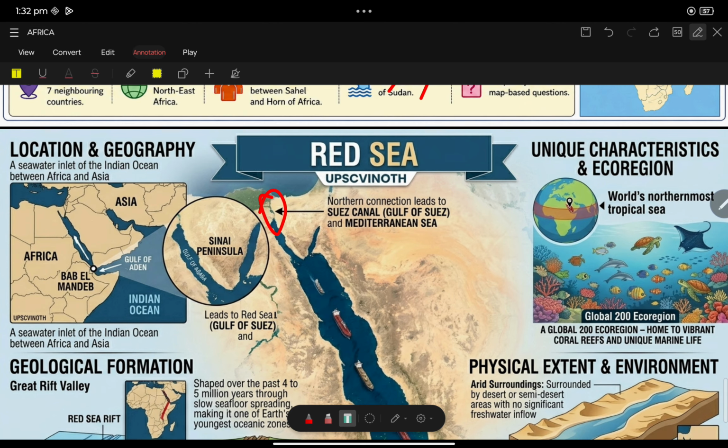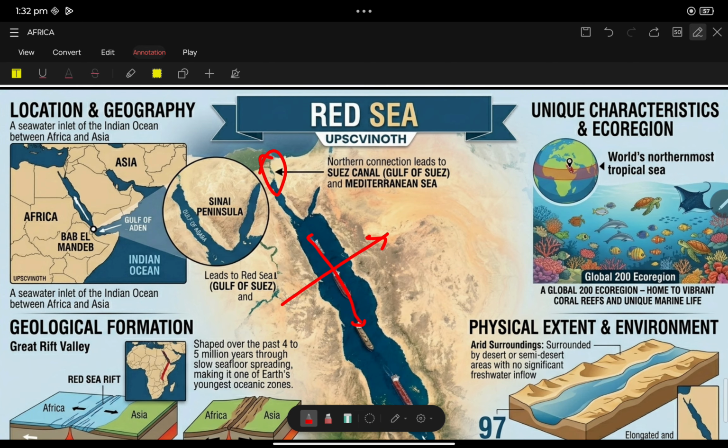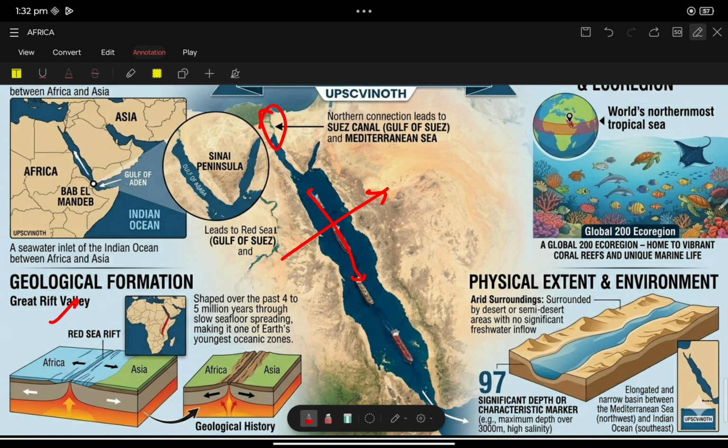The Red Sea is a seawater inlet of the Indian Ocean between Africa and Asia. What is its unique character? Its location and geological formation: it is formed in the Rift Valley.